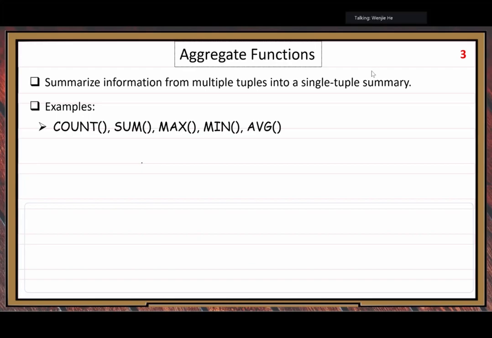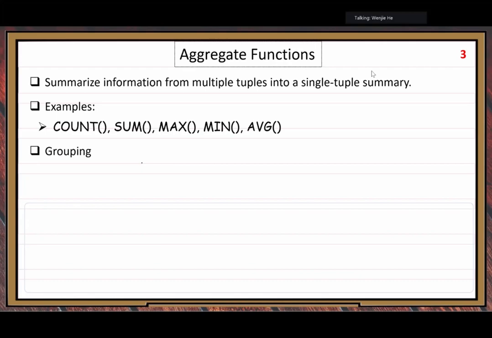The sum function: you add up all the values for a particular field of the table, and the function returns one value. Then the max, min and average functions. These are the commonly used aggregate functions.